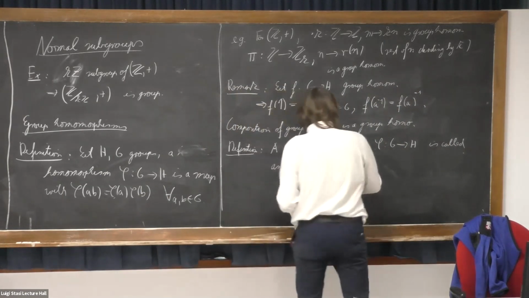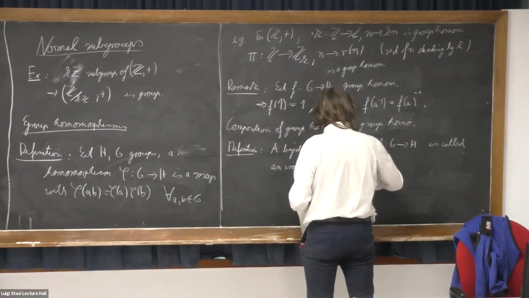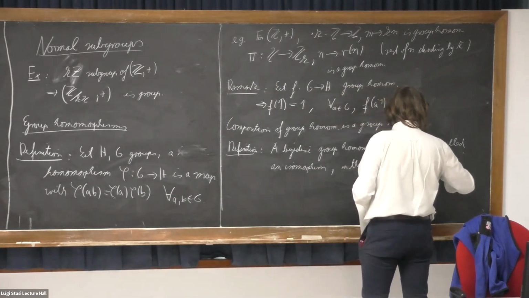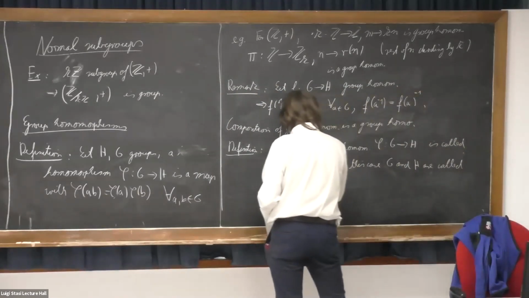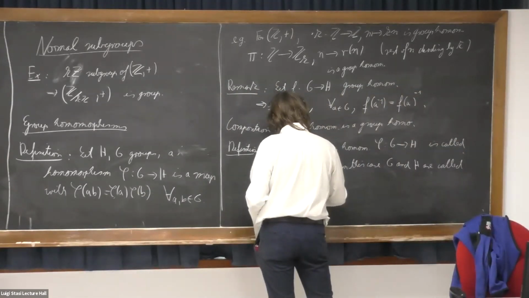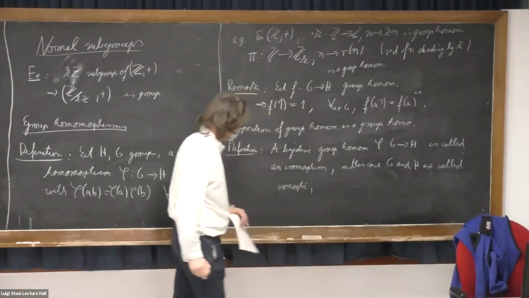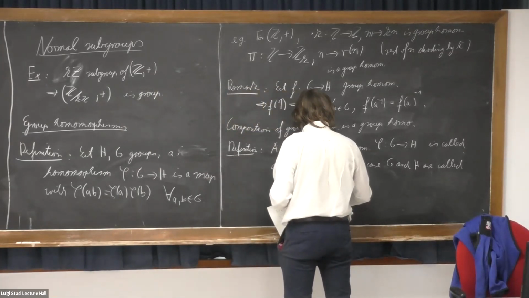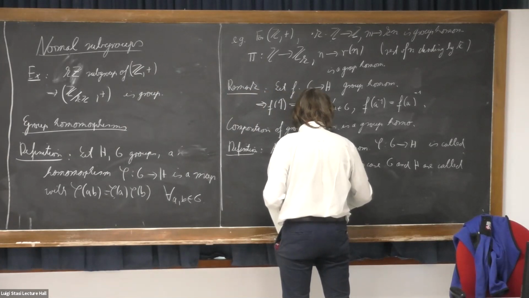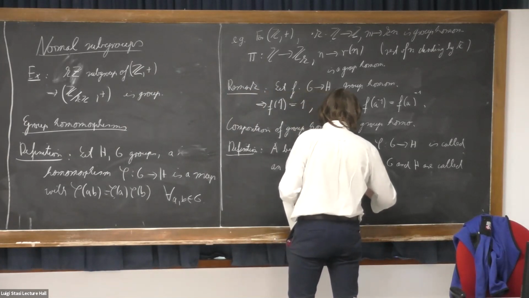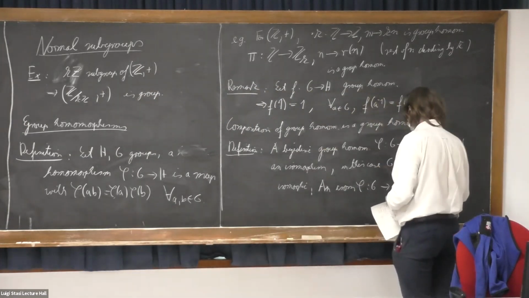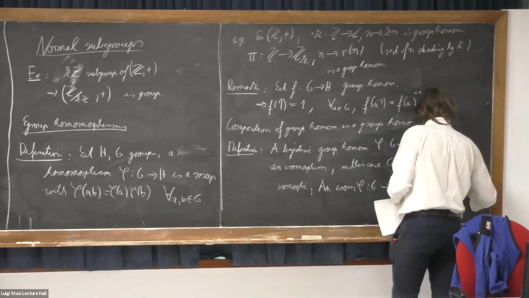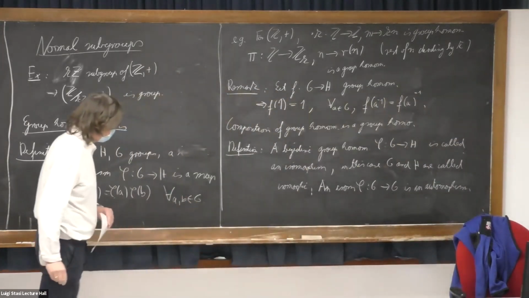In this case, G and H are called isomorphic. An isomorphism of a group to itself is called an automorphism. Okay, so these are just the standard words that one always has.